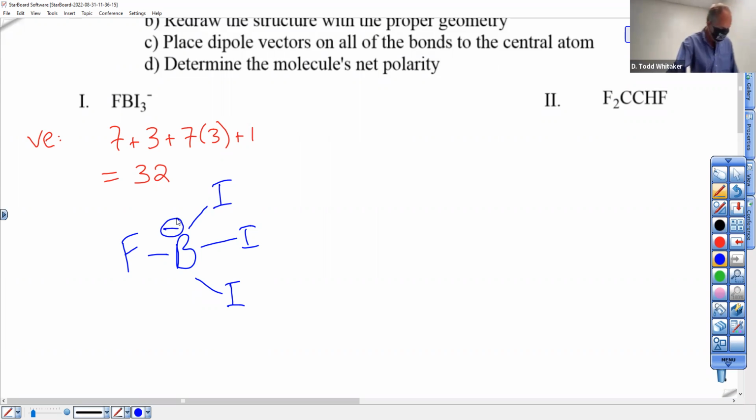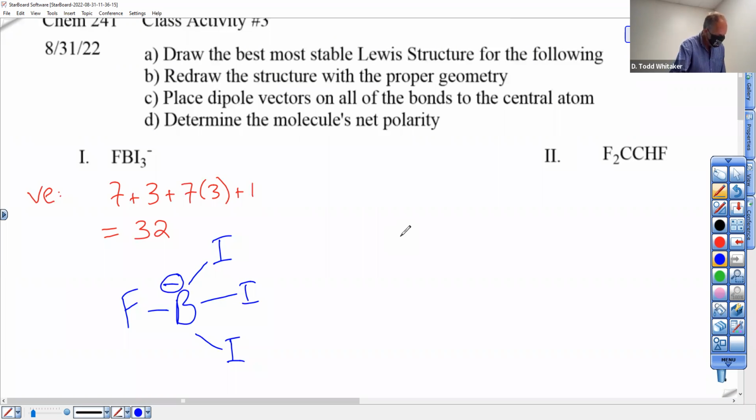And part A is almost over. We've got 8 electrons on this structure so far with the 4 bonds. How many more do I have to put on? 24. I like to put them on the outside until the octets are full. I got 3 lone pairs for each iodine, which gives me 6 electrons, right?